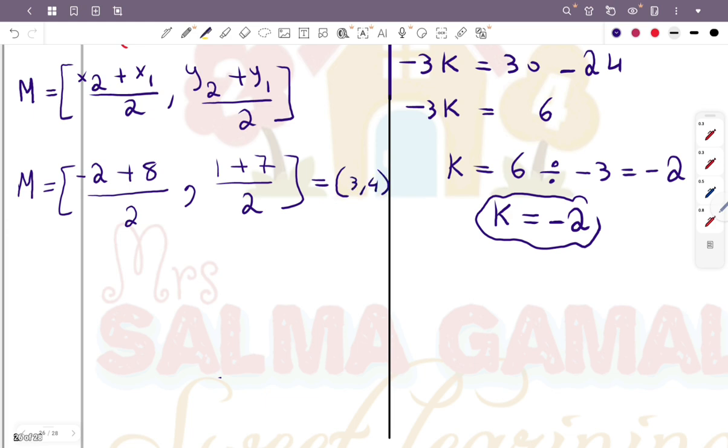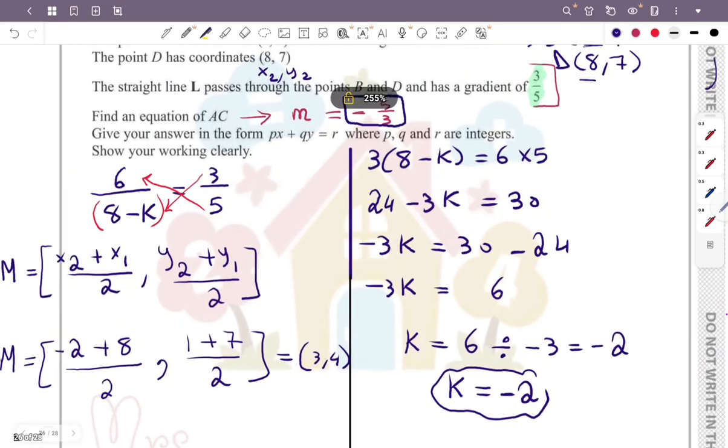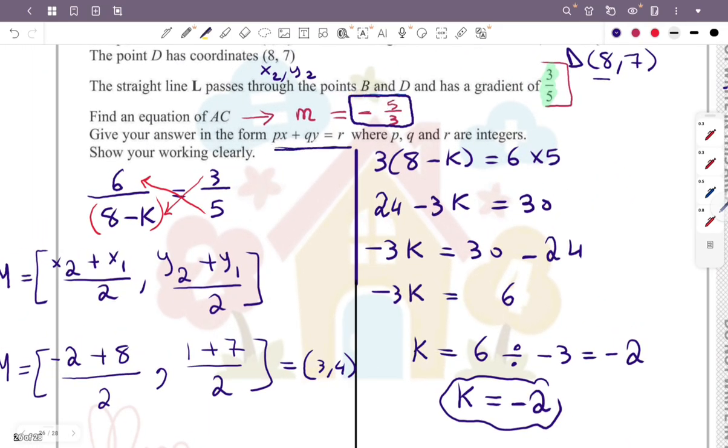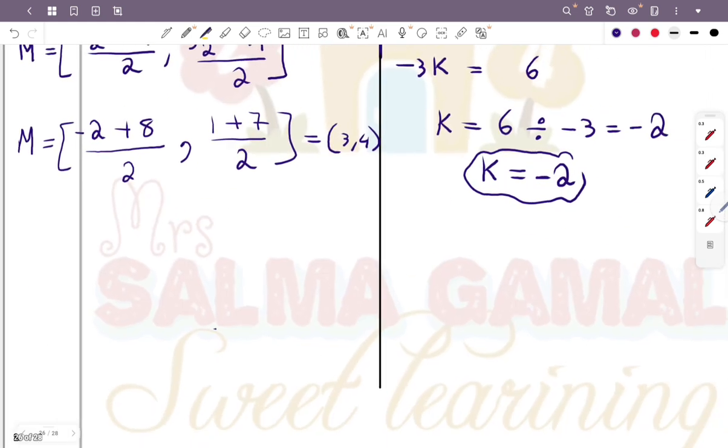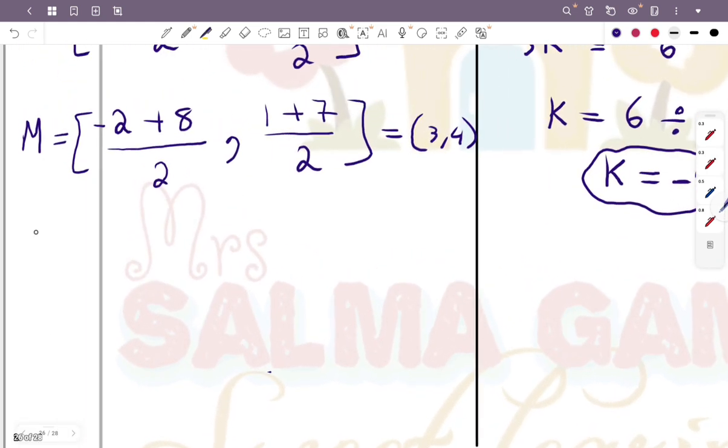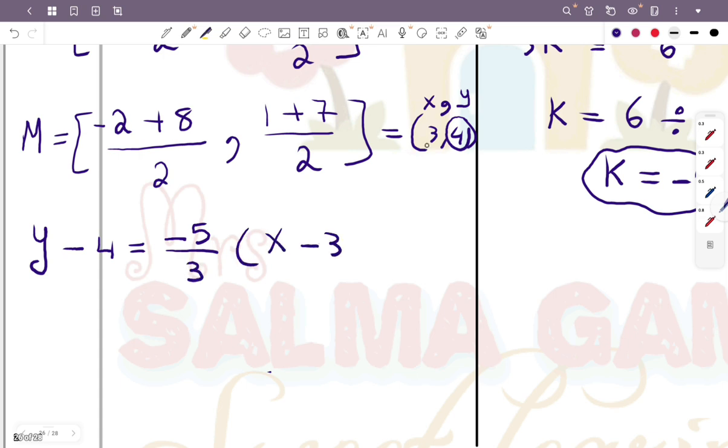Now it's very easy to find the equation, but be careful: you have to write it in the form px plus qy equals r. You have the midpoint now, so y minus 4 equals the perpendicular slope, minus 5 over 3, multiplied by (x minus 3).